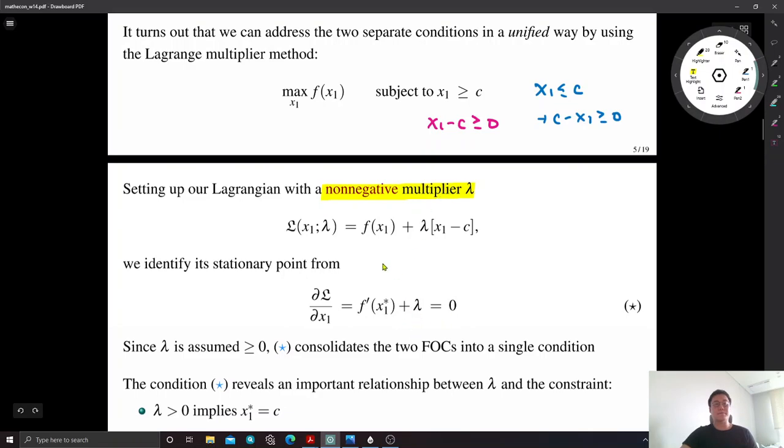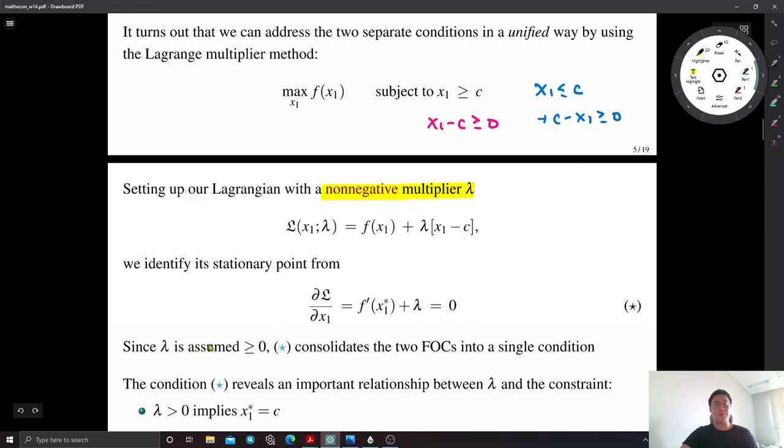Okay? So after setting up this Lagrangian, we take the derivative with respect to the choice variable, just as before, and set it equal to 0. Then the objective function becomes f prime, and lambda x1 becomes lambda. Okay, so we come up with this condition for a stationary point of the Lagrangian, right?